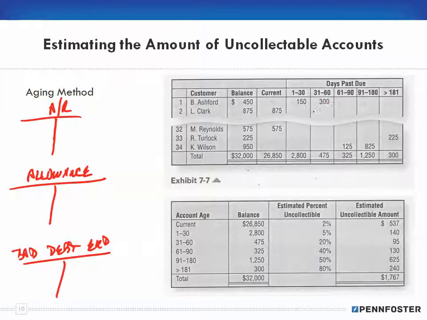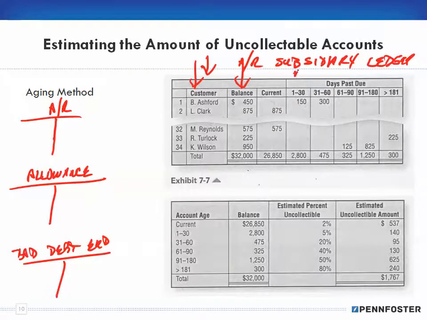Now, what we're doing with the aging method is looking at our accounts receivable subsidiary ledger. It has a list of all of our customers and how much they owe, but it's an aging report.